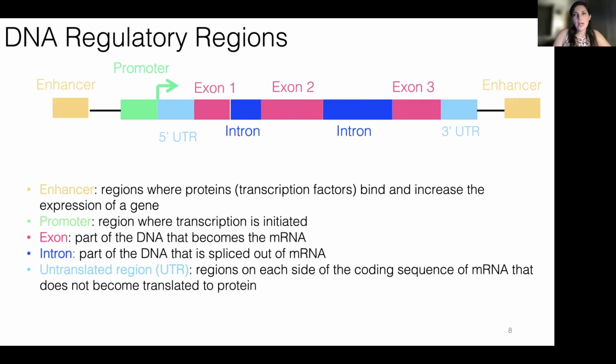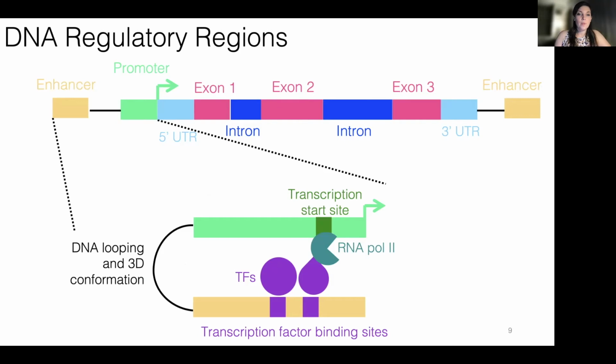And I've sort of already defined these parts of the DNA for you. The things that we really think about when we think about regulatory regions are the enhancer and the promoter. So places where the transcription of the gene is being altered. And that can kind of happen in a more 3D space if you think of the DNA looping and having this 3D structure or 3D conformation.